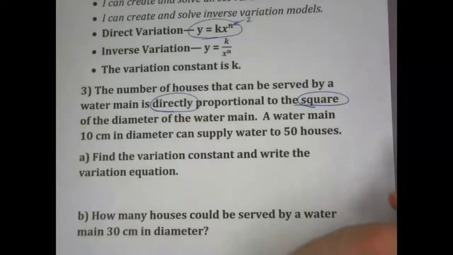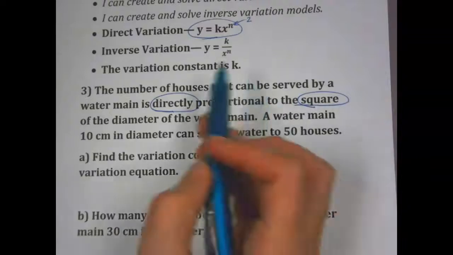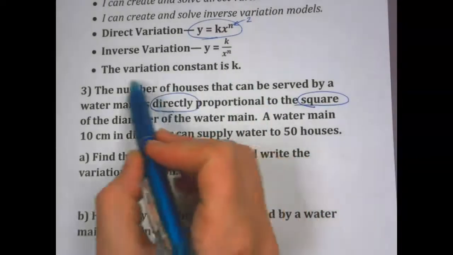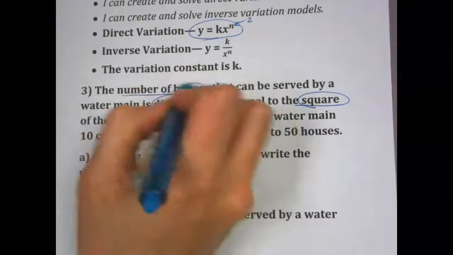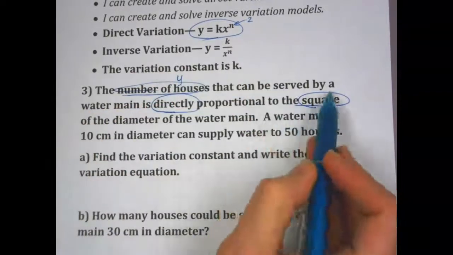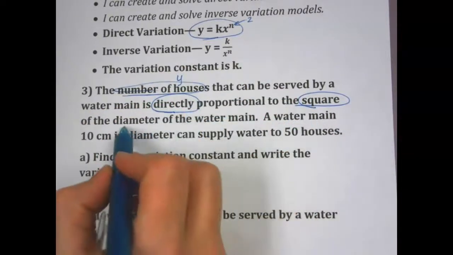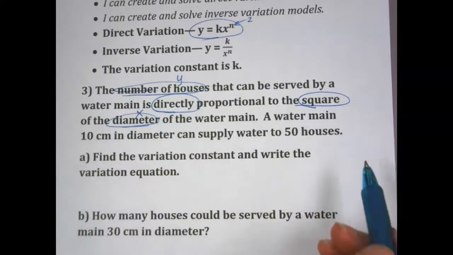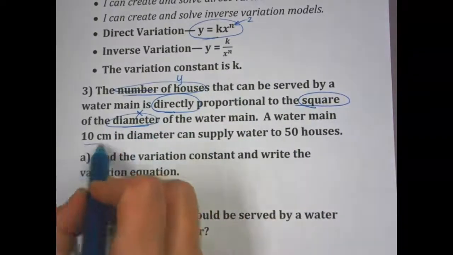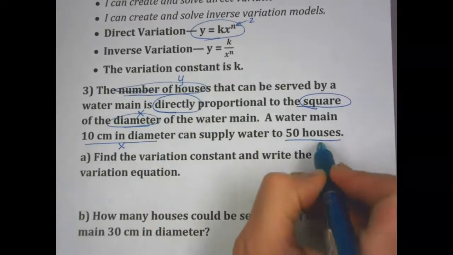So I know that, and then I also need to figure out what my x and y variables are. The one that comes first is my y, so the number of houses that can be served by a water main, that's my y. Directly proportional to the square of the diameter, that's my x. A water main 10 centimeters in diameter, so again diameter, that's x, can supply 50 houses, that's y.